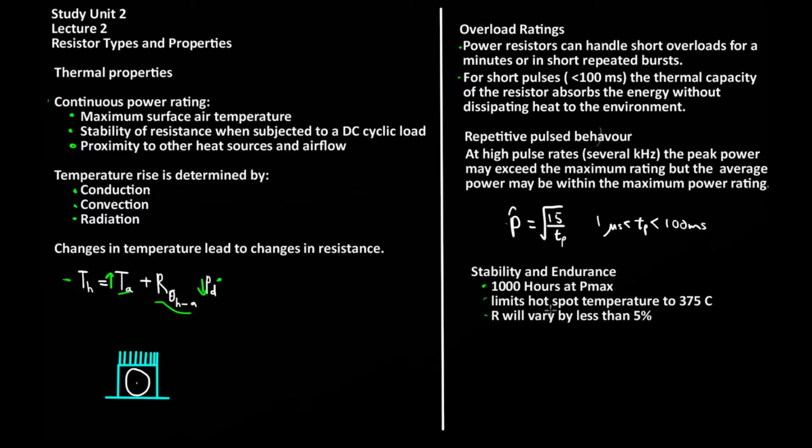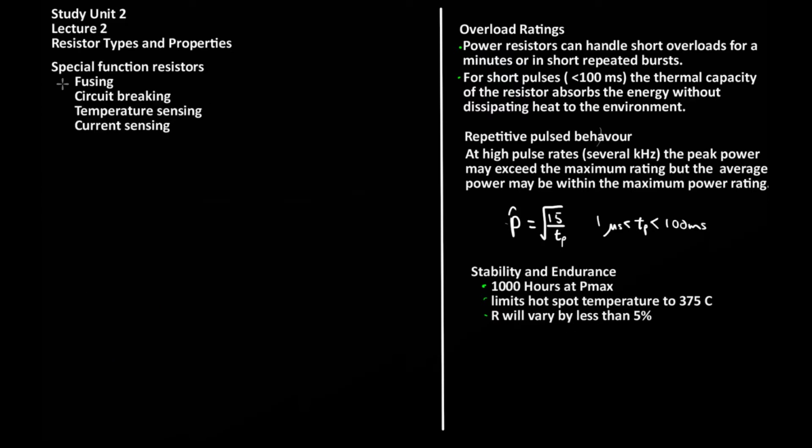These figures are derived from testing the device at the specified conditions. However, these things are useful to know, because if the resistor is used under conditions which are less strenuous, then the stability and the endurance of the resistor will be better than that of the resistor which was tested under these conditions.